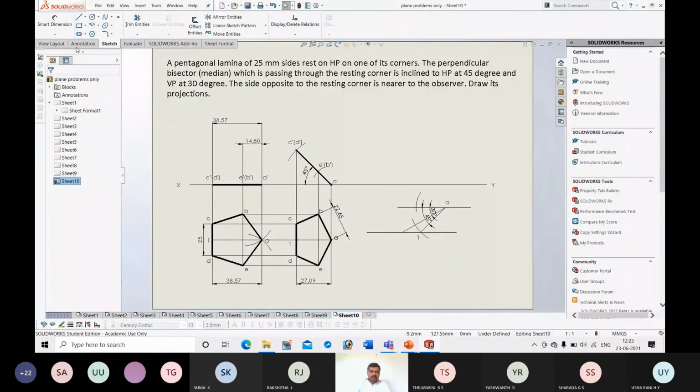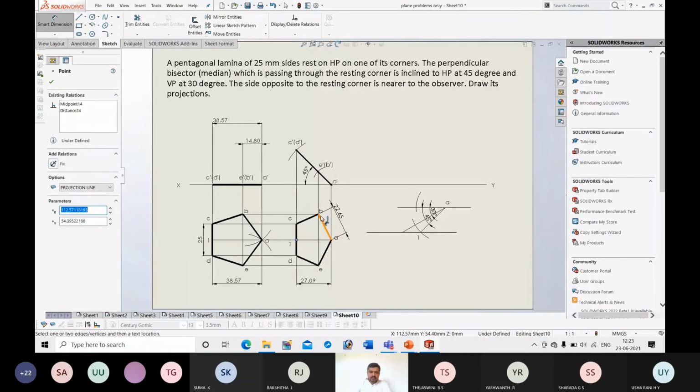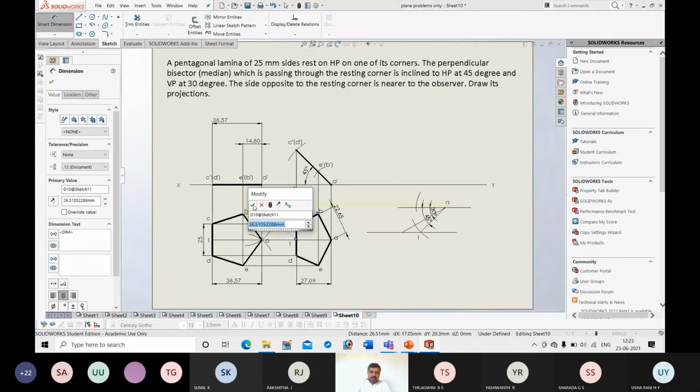I should get the radial distance between 1 to B. So measure the radial distance between 1 and B. It is 26.51.